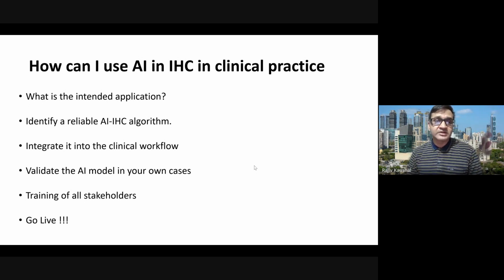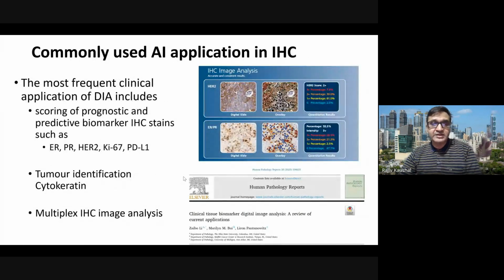Identify a reliable AI based algorithm which is properly validated and integrated into the clinical workflow. Before you start using it in actual cases, validate it, and if any tweaking is required, that is to be done, and then train all the stakeholders. Before you start reporting, training is very crucial, and only then do you go ahead.